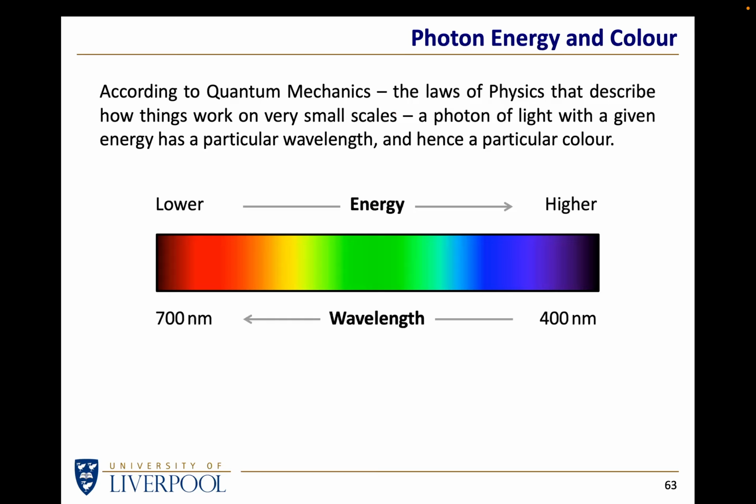So if an atom has a particular arrangement, a particular configuration, then there will be certain jumps that can take place between different energy levels of that atom, and a particular energy will correspond to a particular wavelength, which will correspond to a particular color.